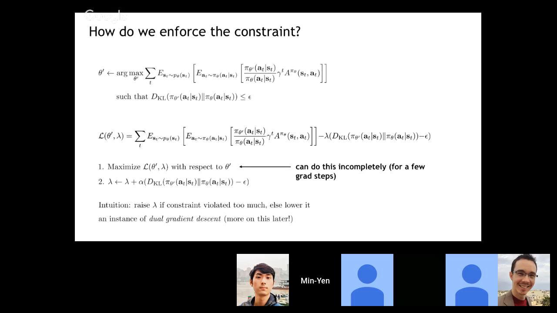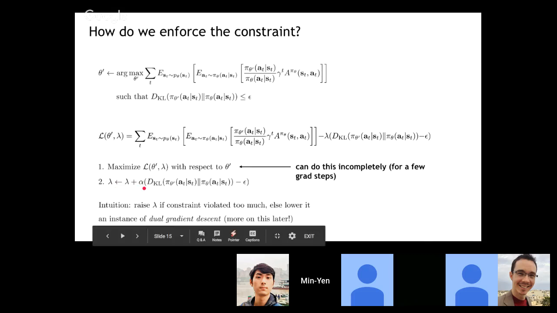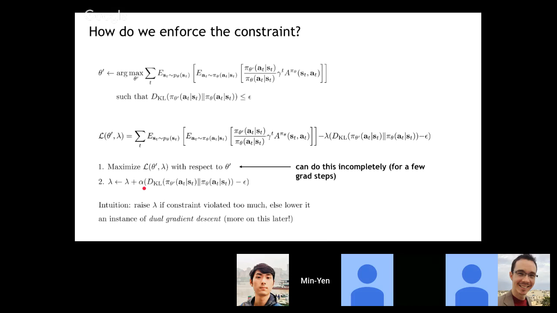Yeah, the alpha, not lambda. Sorry, because lambda is the parameter that you're updating, right? And then you have a multiplier, some decay factor. If you're violating the constraint so much, then the objective function gets smaller. I think that's right.